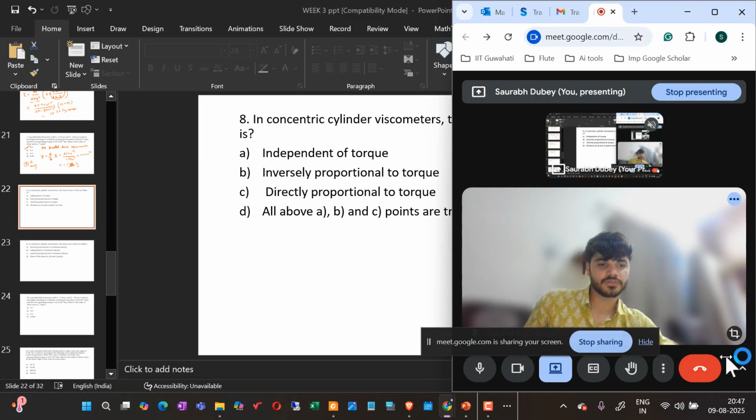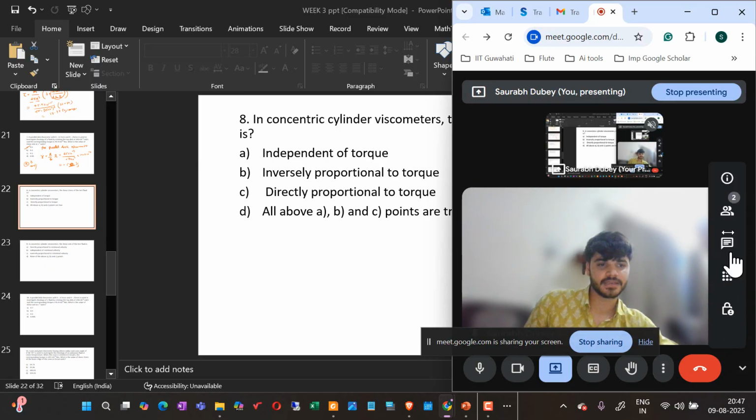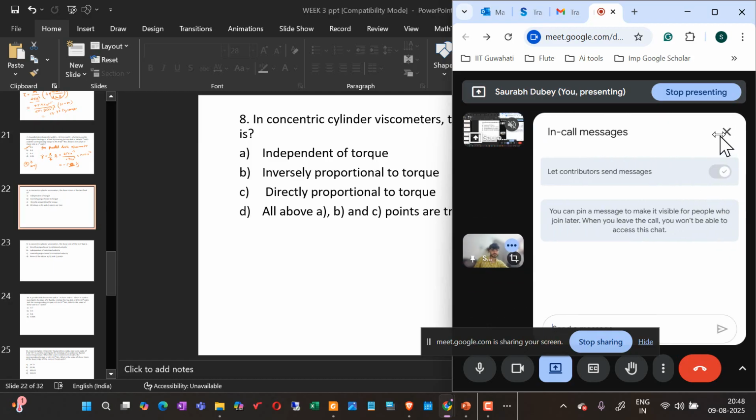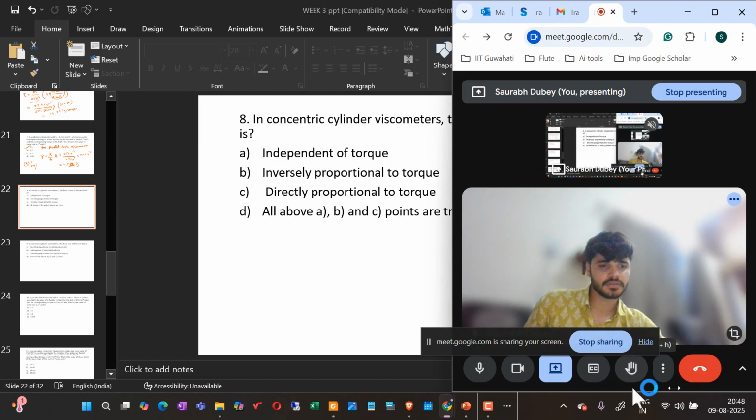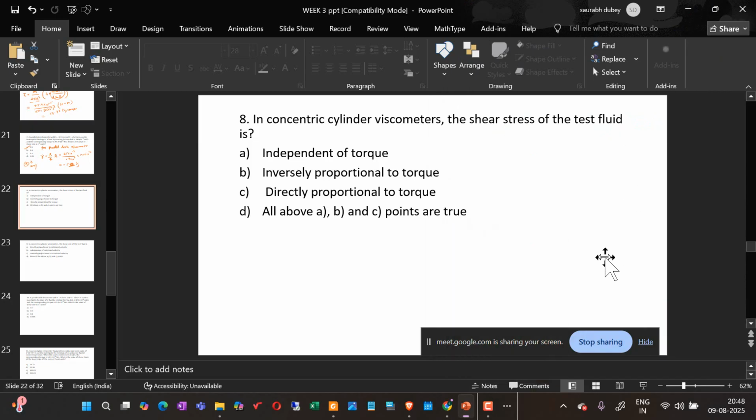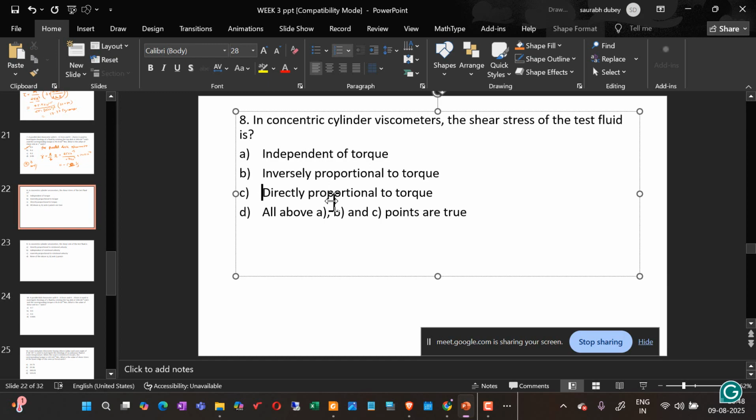Somebody is saying option A, independent of torque. It is dependent on torque. Inversely proportional to torque, directly proportional to torque, all of the above. You should just remember the expression that we just discussed.